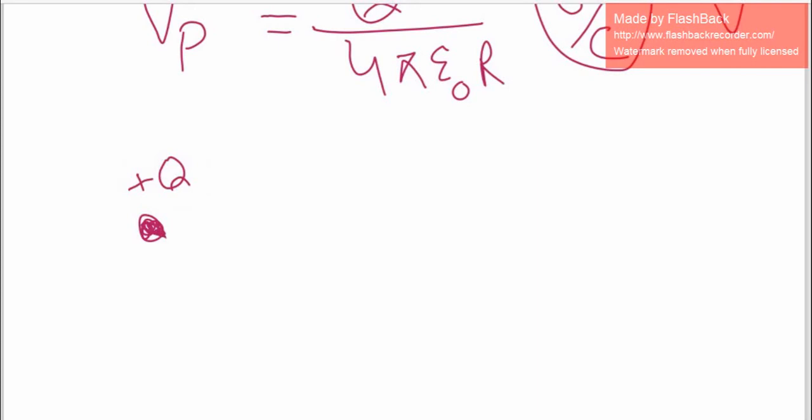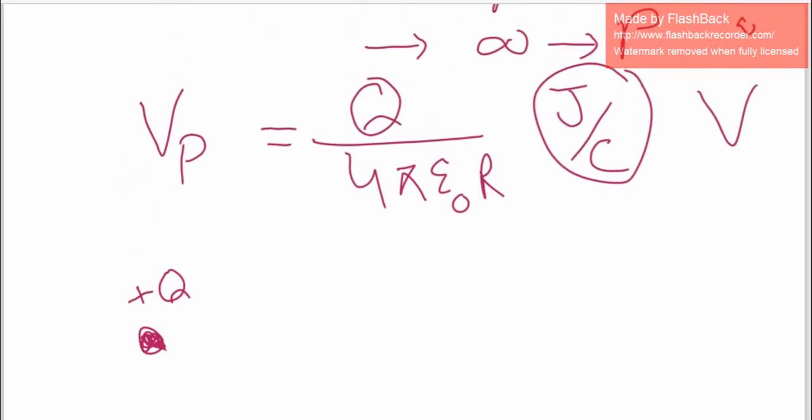You can look into it: r is inversely proportional to Vp. What if you go very far away from this charge? The potential goes towards 0.